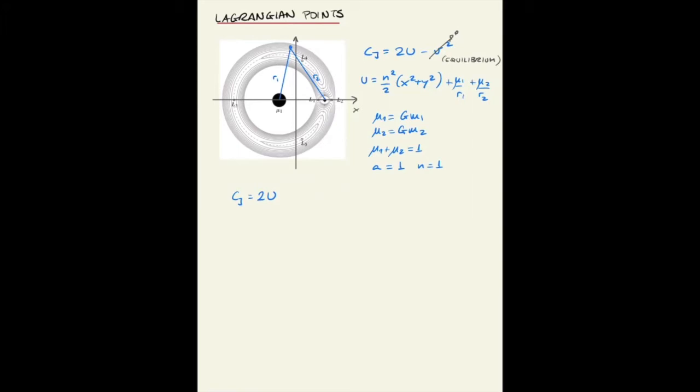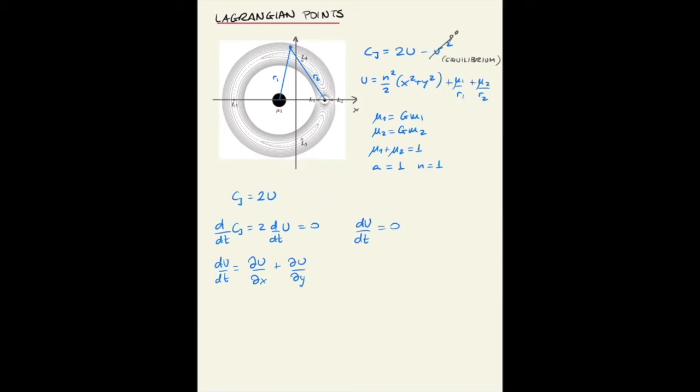We take the derivatives on both sides, and because the Jacobi constant is a constant, this must be equal to 0. So the condition that we want to find is simply dU/dt is equal to 0. Now U depends on x and y, so dU/dt is equal to the partial derivative with respect to x and the partial derivative with respect to y. Now this should go to 0 independently, which is also seen from the equations of motion.